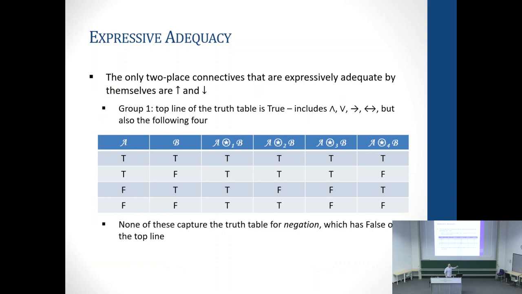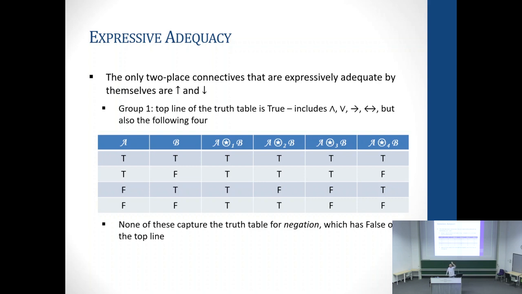None of these are going to be adequate by themselves, for the reason I said a second ago. None of them can capture negation, because every one of them gives us true when we input truths. And to capture negation, we have to have the case where we input only truths and get out a falsehood.